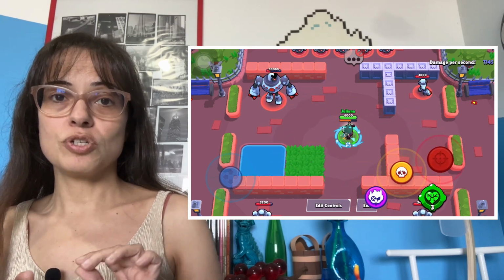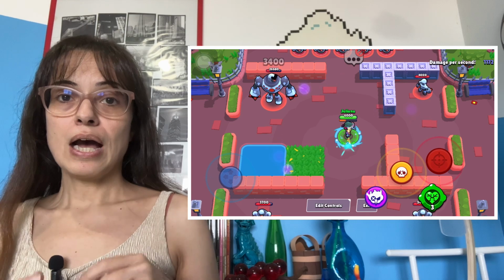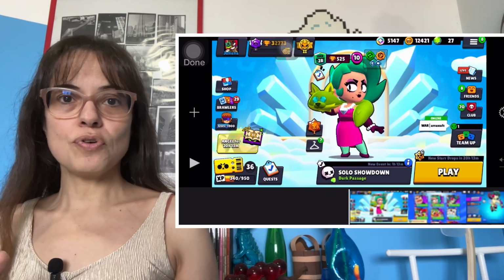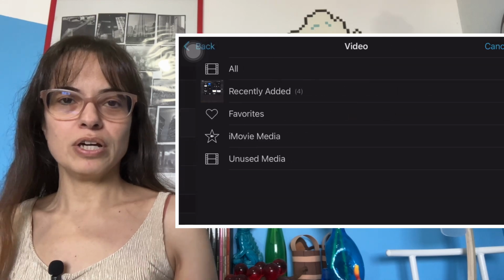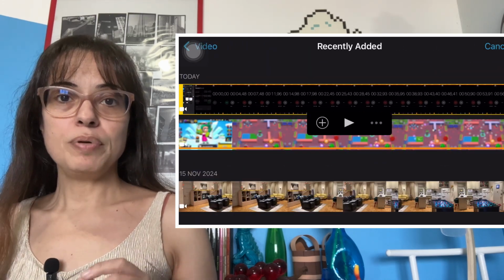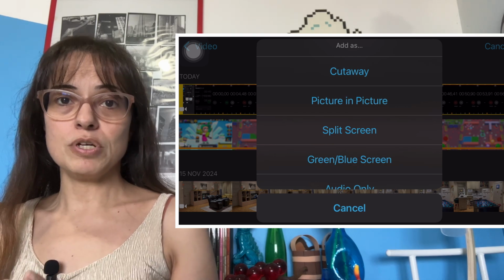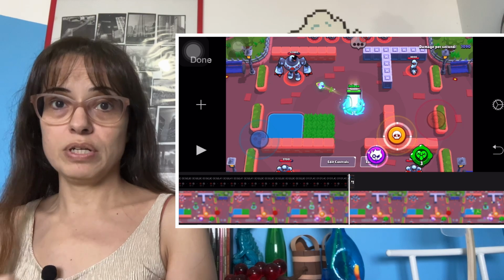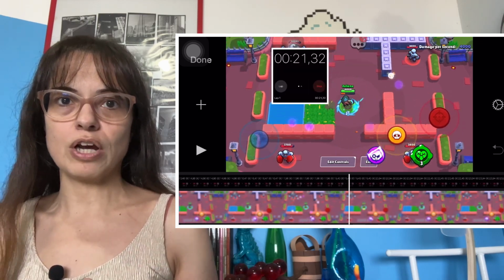So I have the screen recording from the game. I also make a second screen recording that is just from a timer on my phone. I just set a stopwatch running and I'm recording the screen because then I have that image of time being measured in very, very small intervals, because the timer is using fractions of a second.